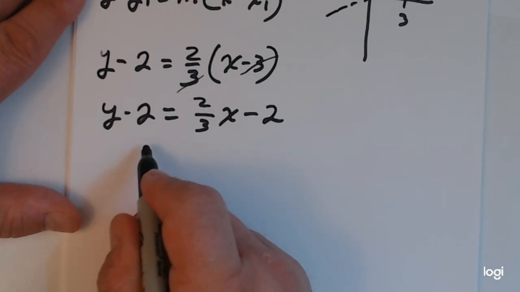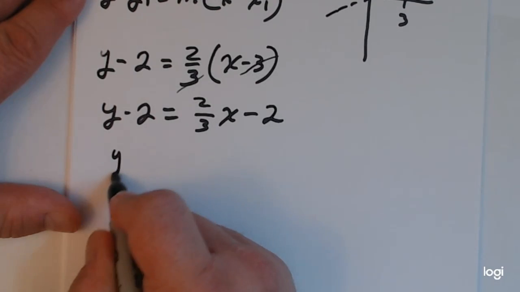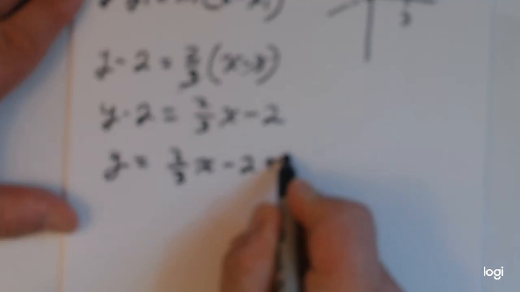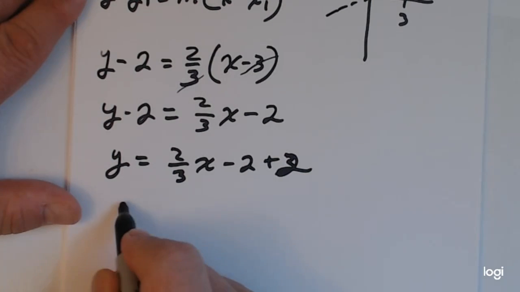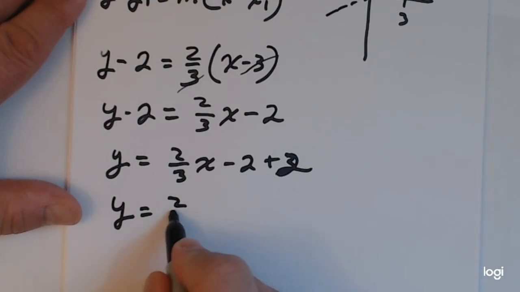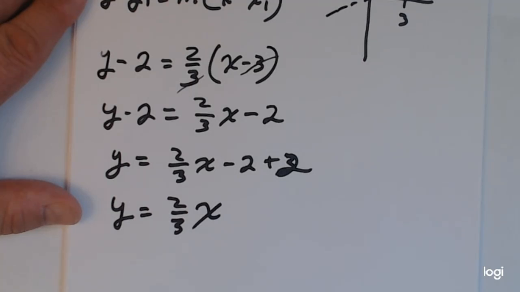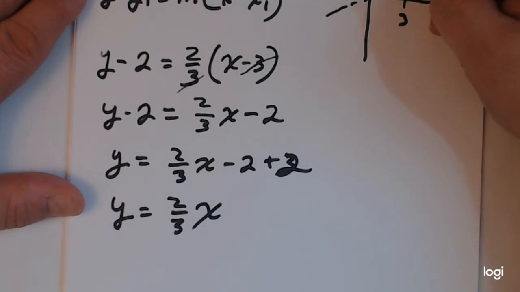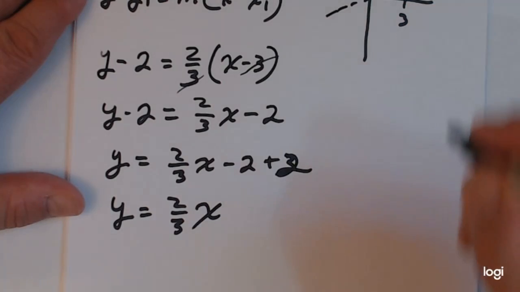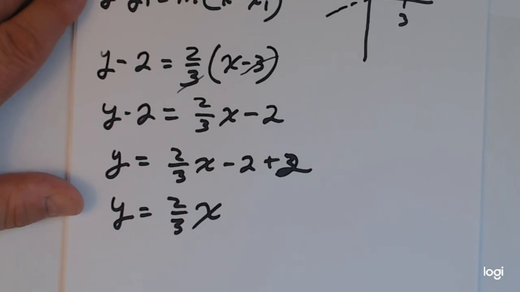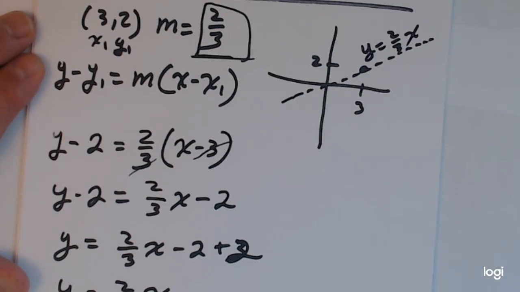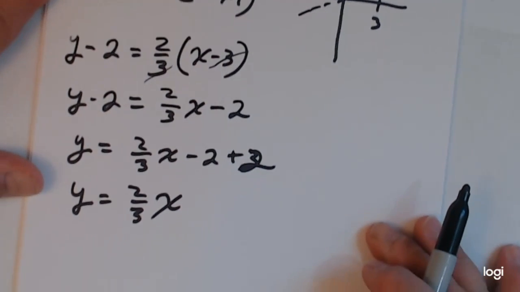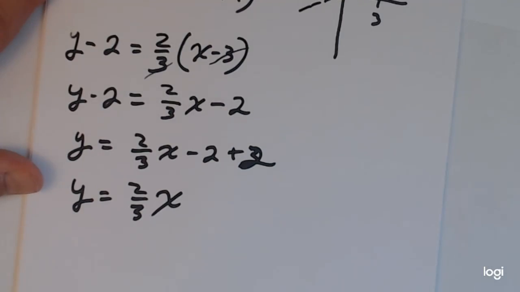So now we're going to add 2 to each side, and we get y is equal to 2/3 x minus 2 plus 2. So y is equal to 2/3 x. That's the equation of our line. Here's the line. The equation of that line is y equals 2/3 x.